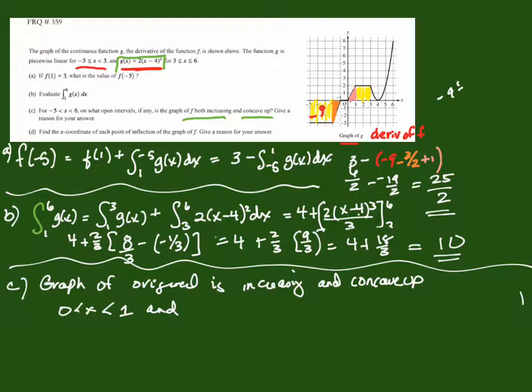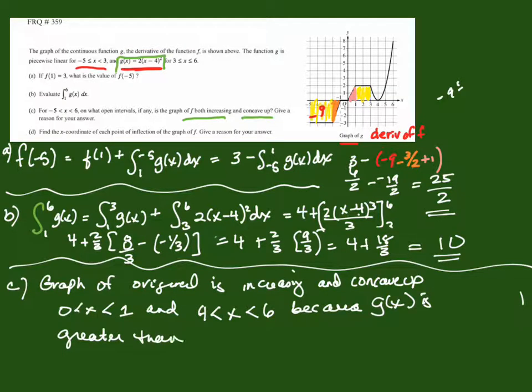And then from 4 less than x less than 6, because g of x is greater than 0 and increasing during this interval. Okay? So that's C, and then let's see if we have room to do D.